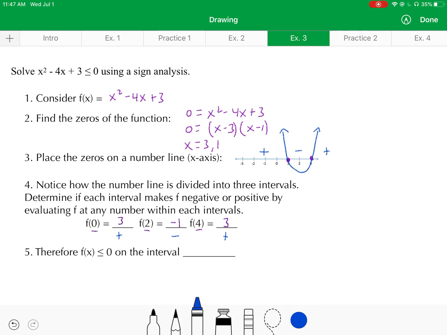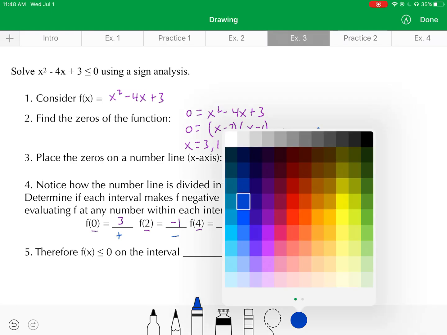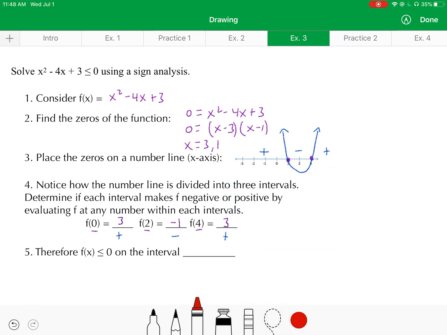It's opening up, okay? All right, now really the one difference in this example is I have the direction of the inequality symbol changed, okay? Now notice we're trying to solve when is f of x less than or equal to 0, okay? Well, less than 0 implies negatives, okay, which is right here in the middle interval, and then equal to 0 implies the zeros themselves.